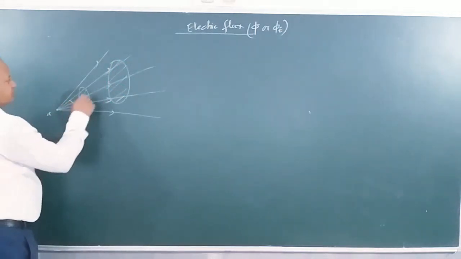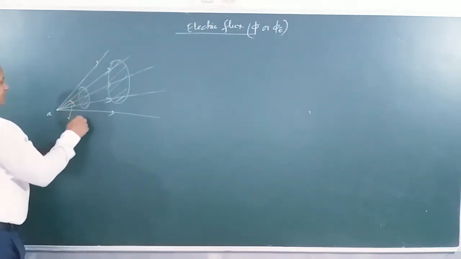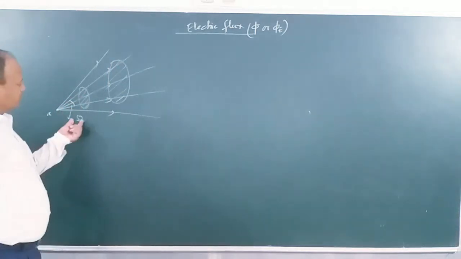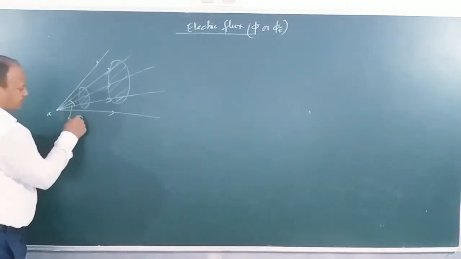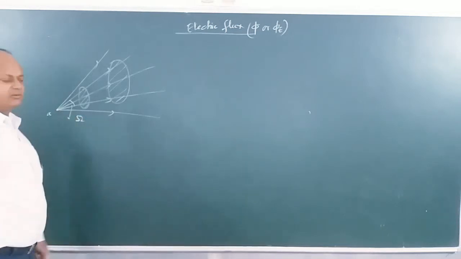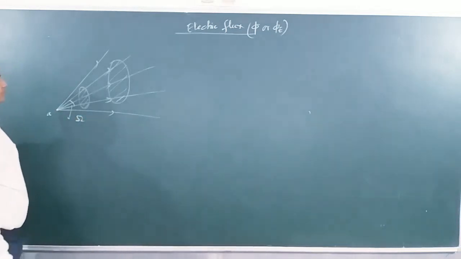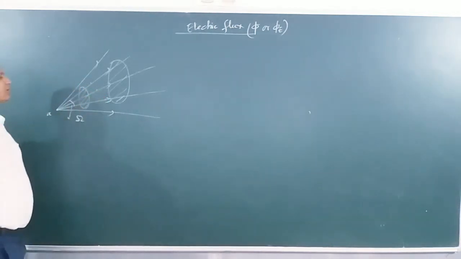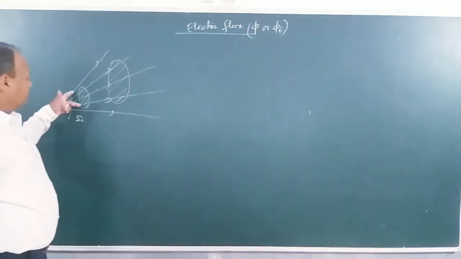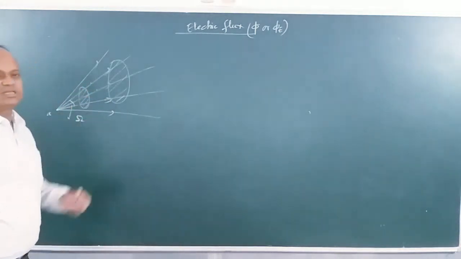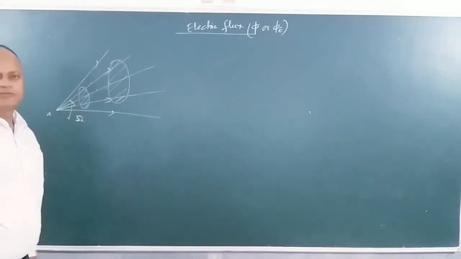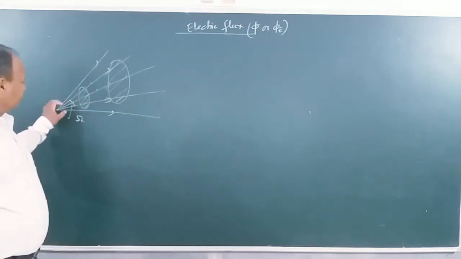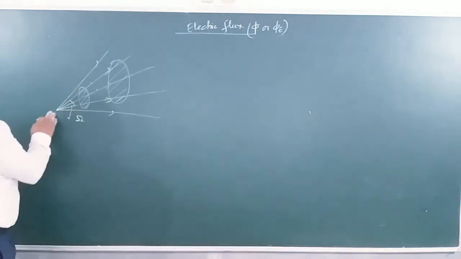You can see that these two surface areas subtend a solid angle omega. To each surface area, how many lines are passing? 3. Now, if these 3 lines are directed perpendicular to the surface areas, then this becomes flux. Here you can see that the lines are coming out radially from this charge plus q. I can see more lines coming out this side also.